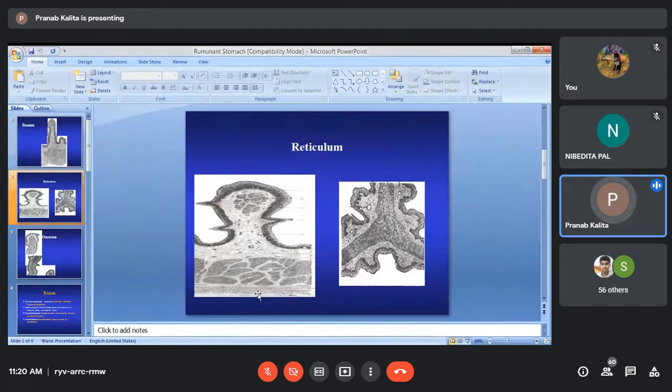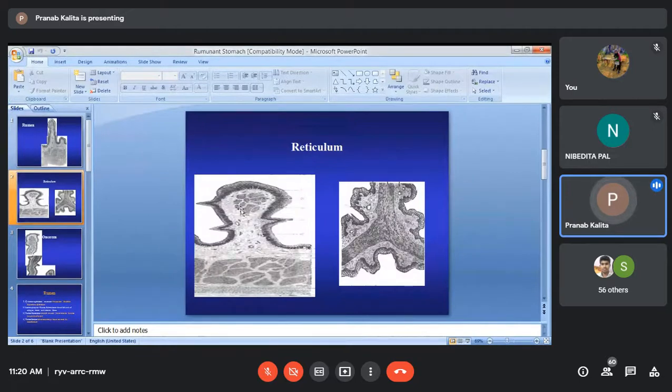But if you see under the microscope, in the reticulum there are reticular crests, longer crests. In the upper part of certain folds, you may find a lamina muscularis. Here you can see stripes of smooth muscle that form the lamina muscularis. This particular area you won't find in the rumen.